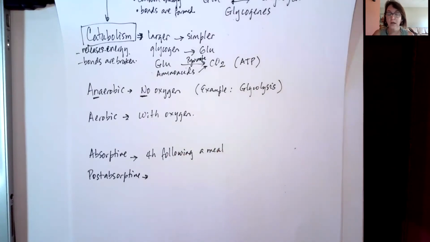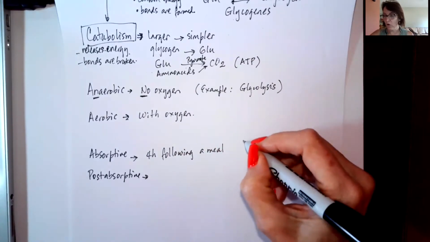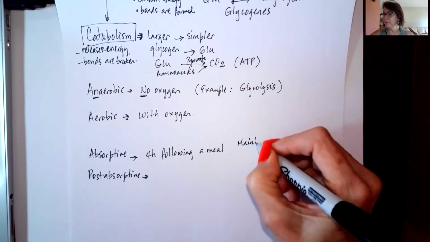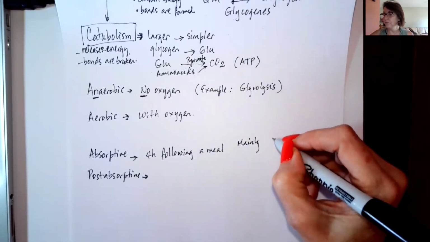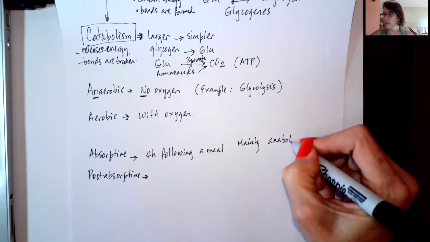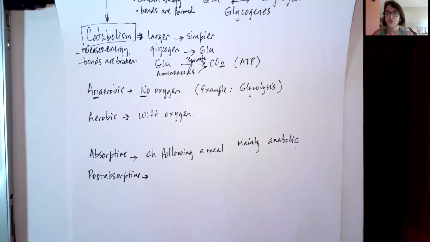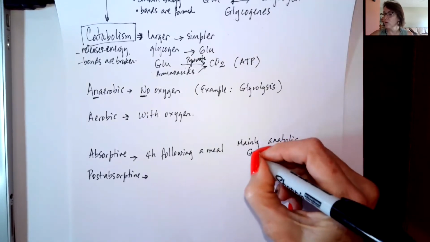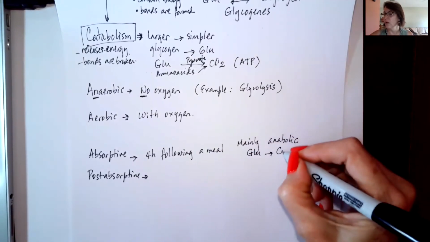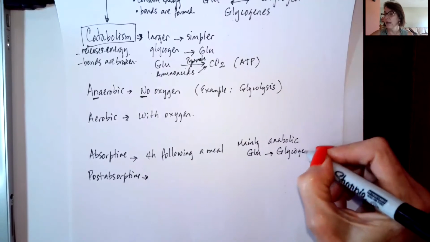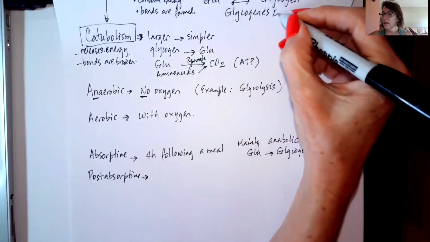We are high in these nutrients, high in glucose, high in amino acids, etc. What happens in this state is mainly, not only, but mainly anabolic reactions. It means we will store energy. For example, glucose is converted into glycogen. Again, glycogenesis.